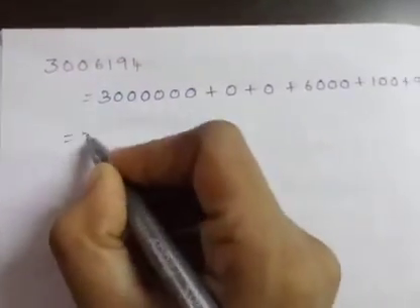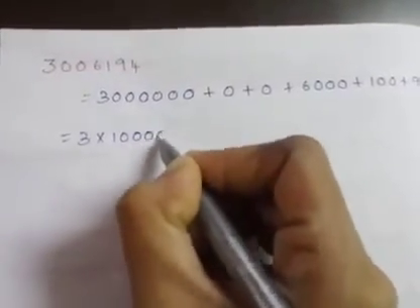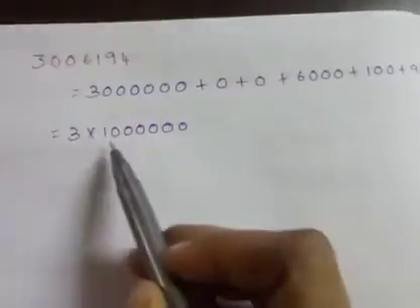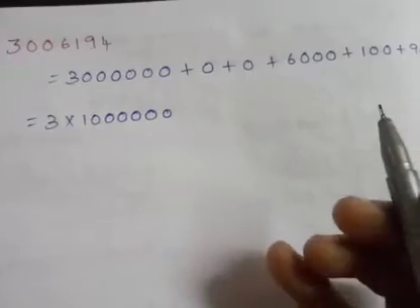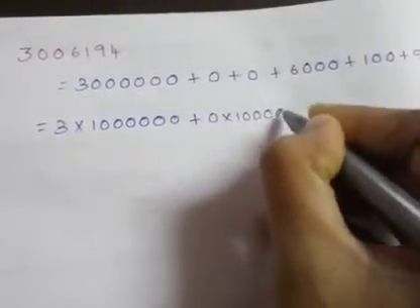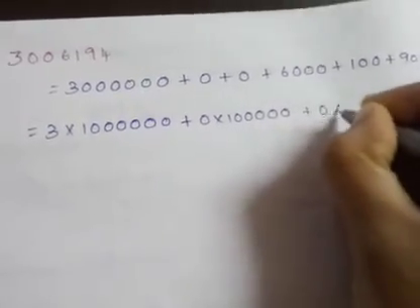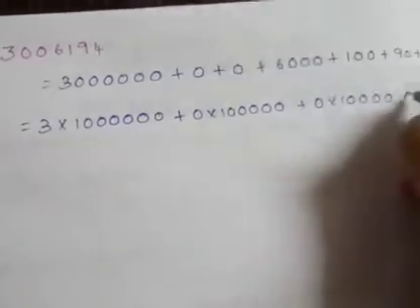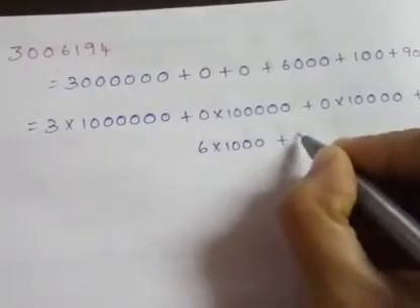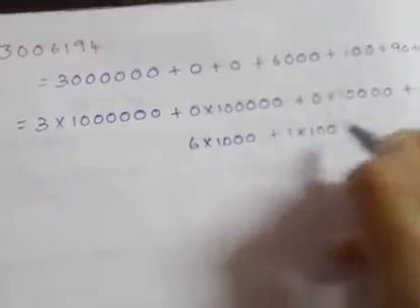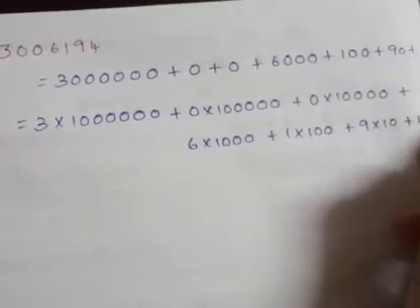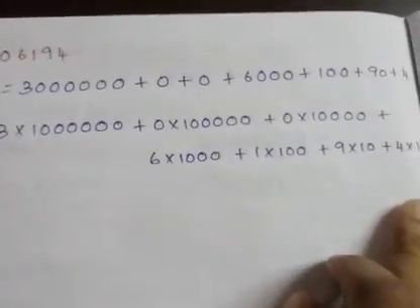Next, what will you do? 3 into 6 zeros, because 1, 2, 3, 4, 5, 6. Plus 0 into 5 zeros plus 0 into 4 zeros plus 6 into 3 zeros plus 1 into 2 zeros plus 9 into 1 zero plus 4 into 1. Yes, this is how you will expand it.